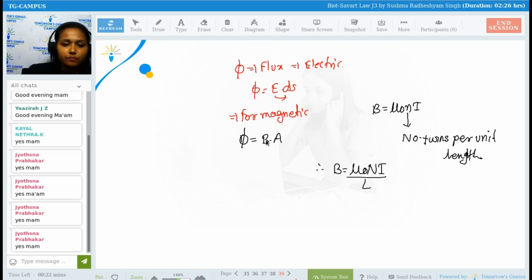So just use this formula. Okay? Hello, any problem in the first question?